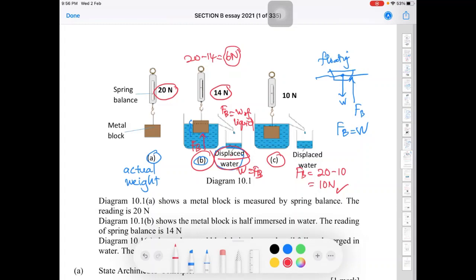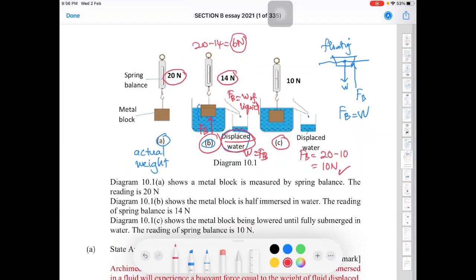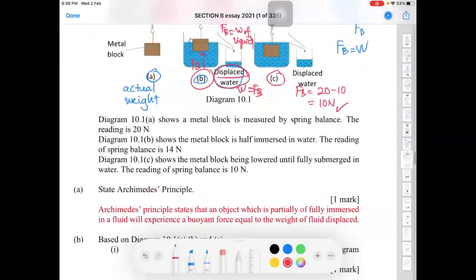Seluruhnya terrendam di dalam air. Alright. So gambar ni, bila you nampak gambar you kena understand dah benda ni. Sebab benda ni you buat dekat lab, you guna Eureka can. Jadi you akan tenggelam sedikit, then you akan collect the displaced water. Alright? Okay. So, soalan dia, state Archimedes Principle.